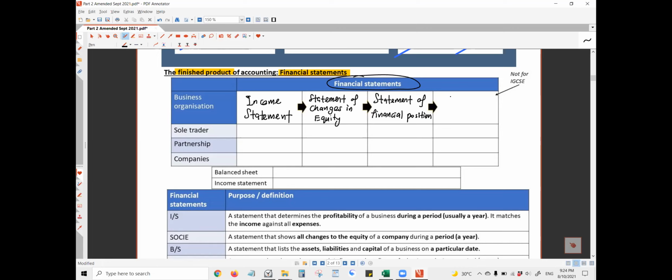Okay, last one you write. Once you're done writing, you let me know. Then I'll explain one by one to you.